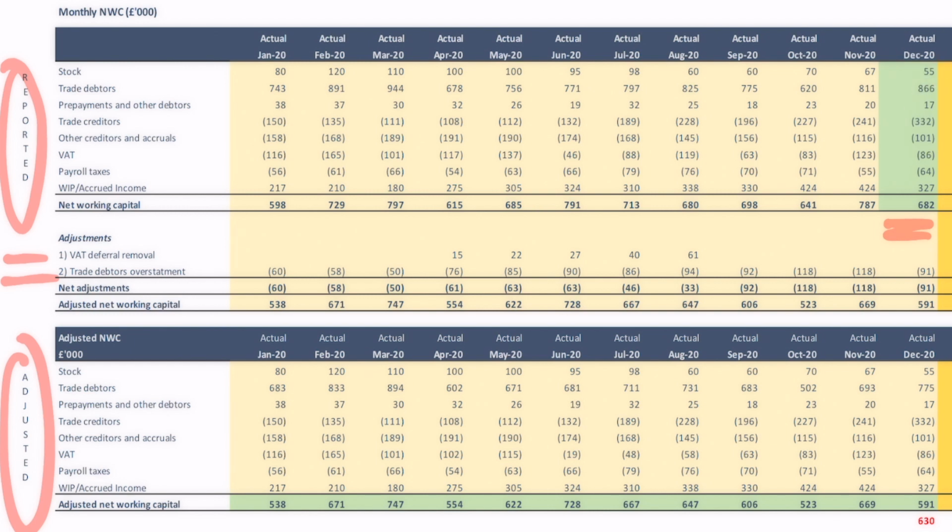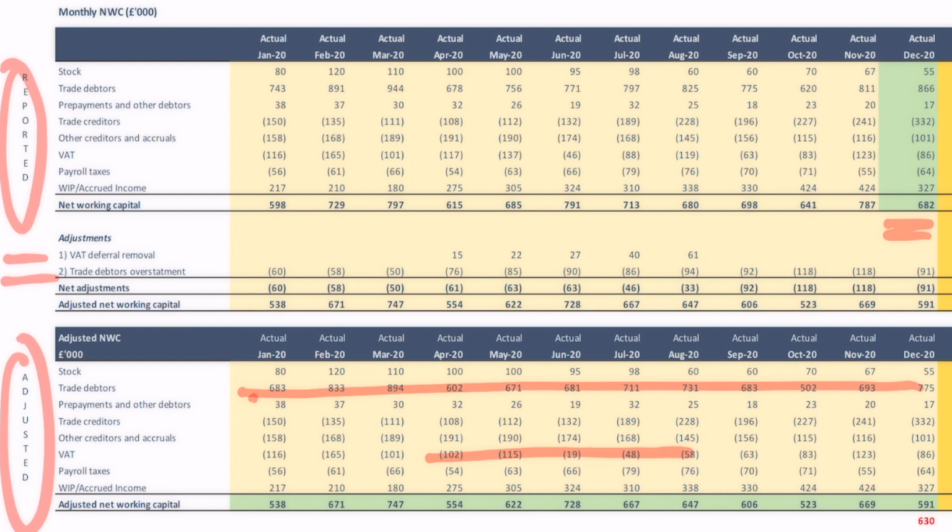So we're then going to overlay our two adjustments, VAT deferrals, which is going to reduce our VAT liability down on these lines here, and the trade debtor overstatement reduces our trade debtor balance across all of these lines here.